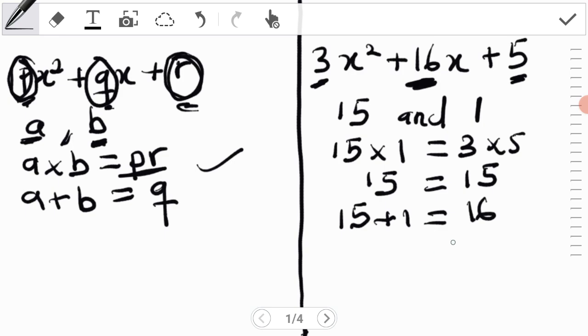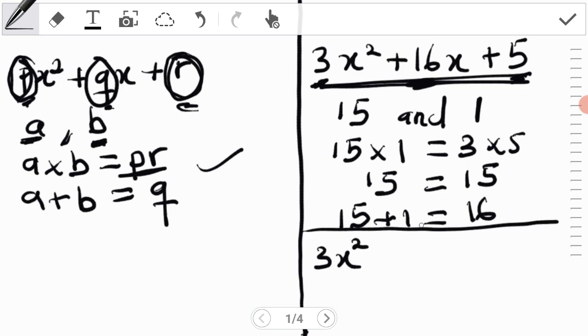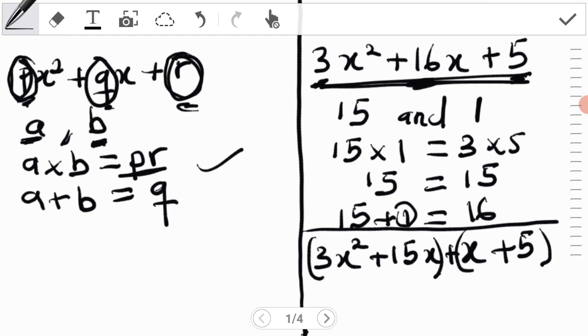Now that we know these values, we can rewrite this whole equation and say 3x squared plus 15x plus 1x, but we just write x, plus 5. Now we can factorize. We put this into a bracket and this into a bracket.